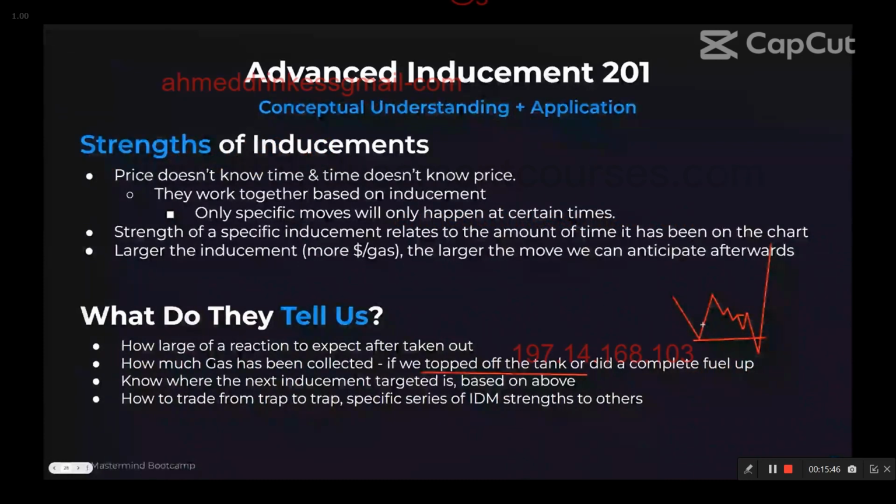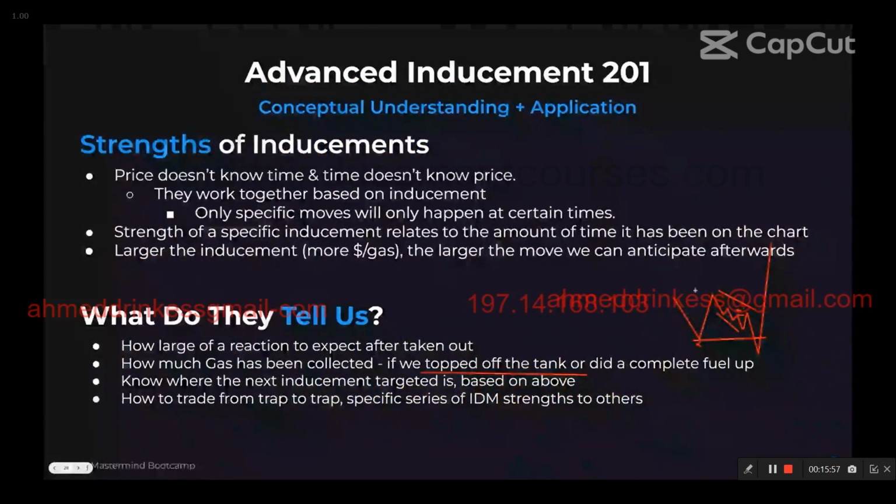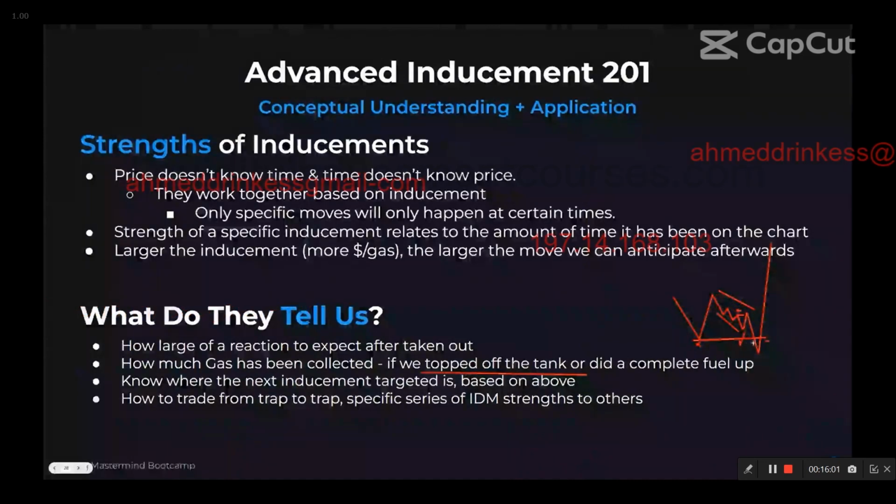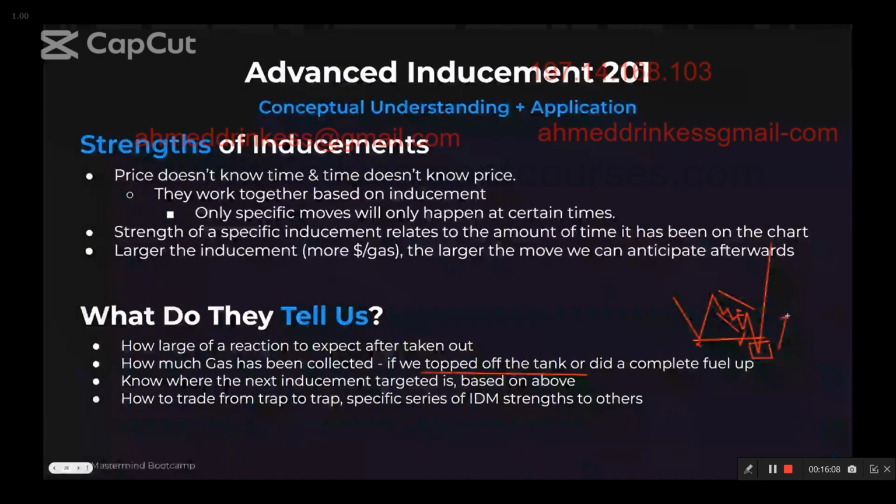So the strength of inducement tells us one of those two things. Are we continuing to do a minor fuel up to go to our destination, or have we already reached our destination and are we ready to major fuel up at the major gas station to then reverse price the other direction? Let me know if anyone needs me to repeat that.